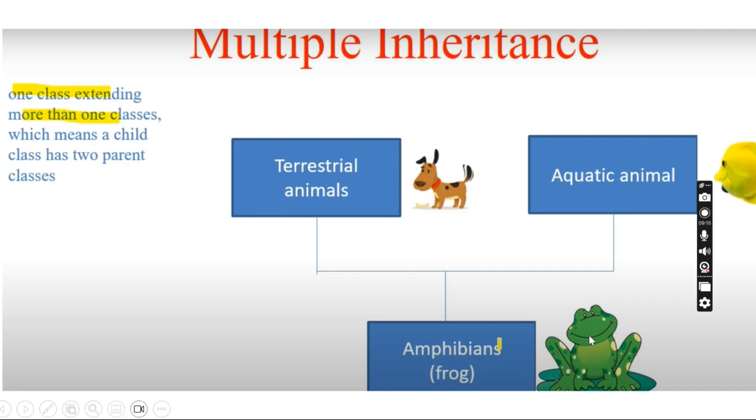In the seas their behavior is different, and on land their behavior is different. So if you are extending some properties from here and some from there, there may be chances that some properties in the terrestrial and aquatic animal are common. So the amphibian will be very confused about which one to extend. Because of this complexity we are not supporting multiple inheritance.